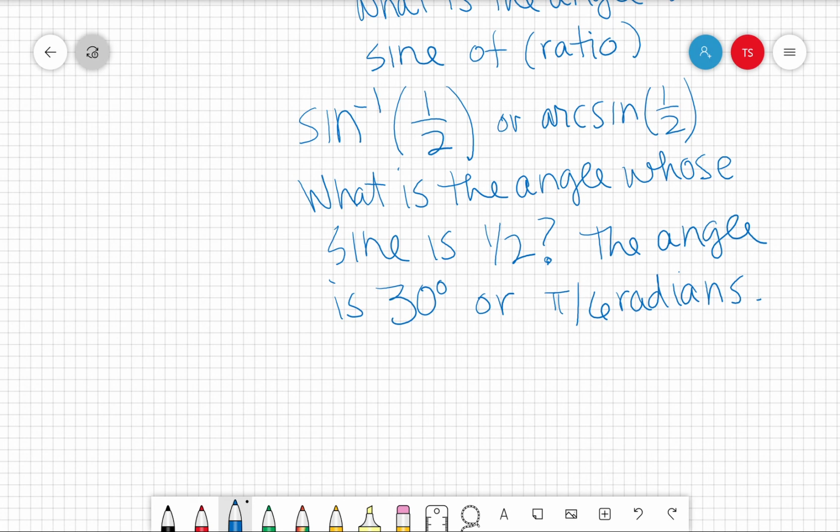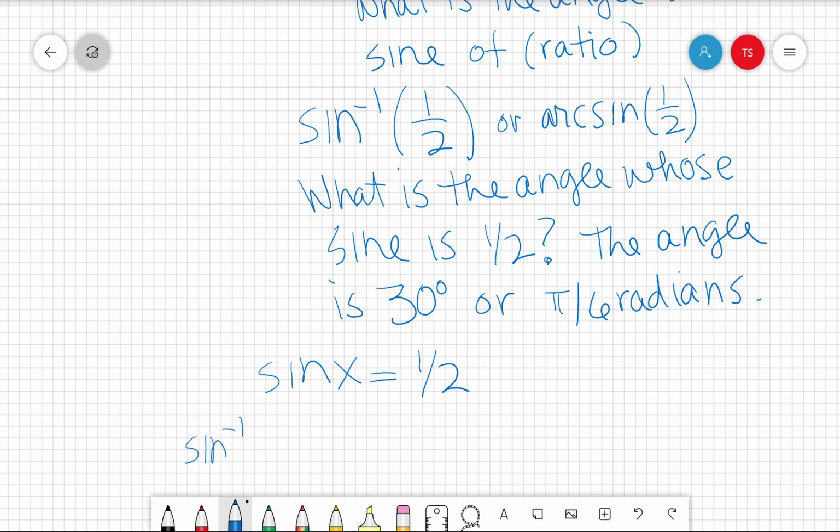So there's lots of different types of problems that we can solve. We're going to solve equations in this way. For example, if I had the equation sine x is equal to 1/2, then this equation is asking the same question. To find the answer, I can inverse sine both sides.